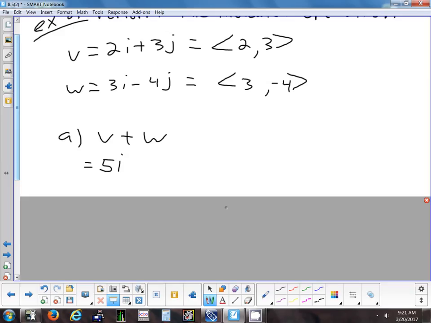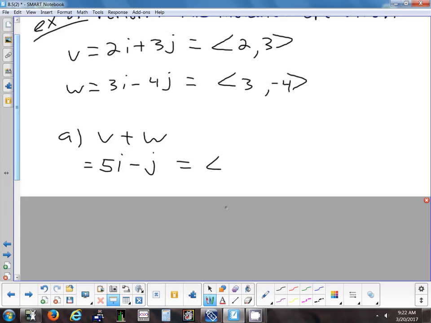No, it wouldn't be 1j. What's the vertical component of v? What number? 3. And what's the vertical component of w? Negative 4. Yeah, so when you combine 3 and negative 4, it's negative 1j. Or instead of writing negative 1j, you could just put negative j. Okay, so that's the answer in ij notation.